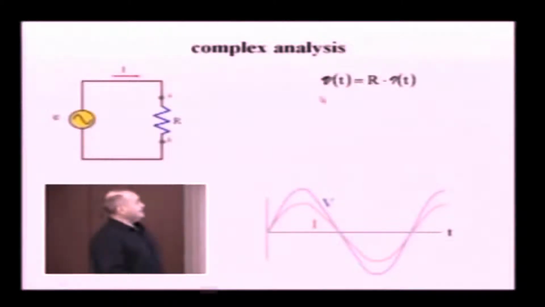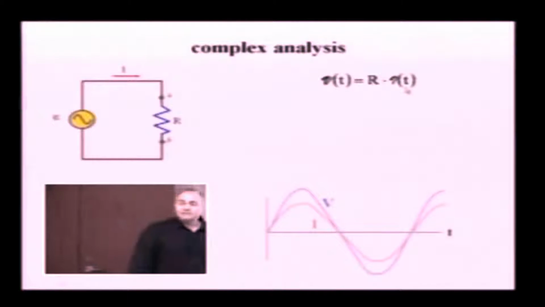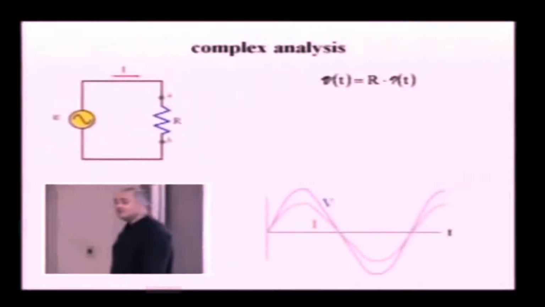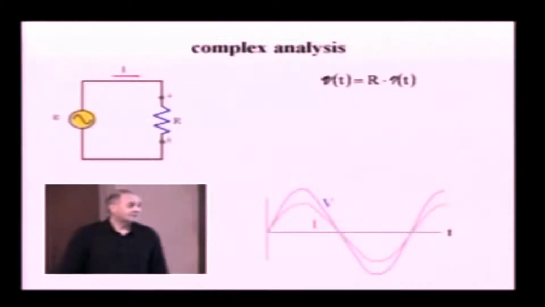So here we have an expression which relates complex voltage with complex current. Here we see that in a resistor complex voltage is proportional to complex current. What do we call the proportionality coefficient between complex voltage and complex current for an element?